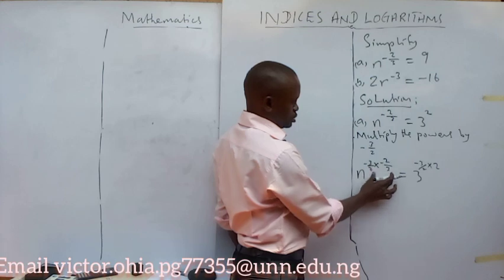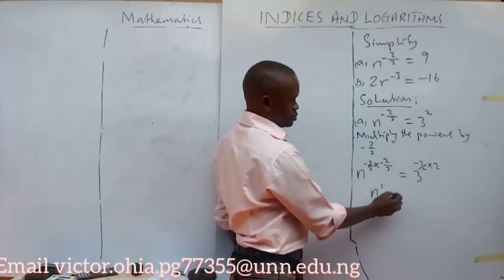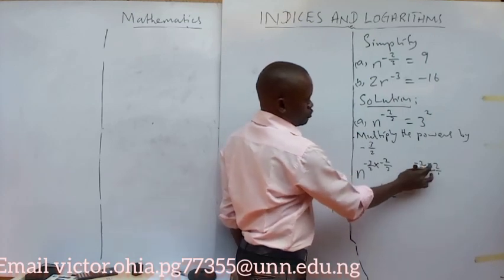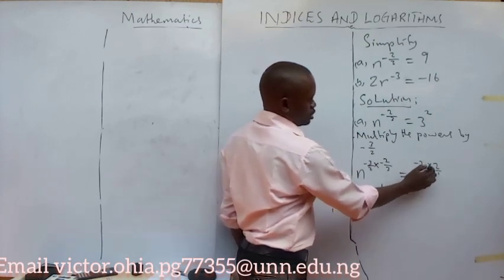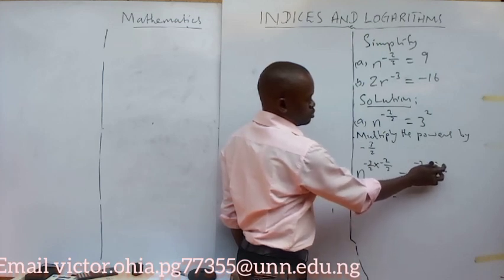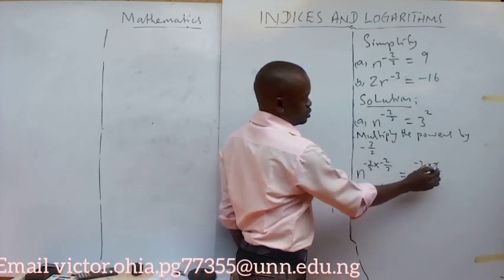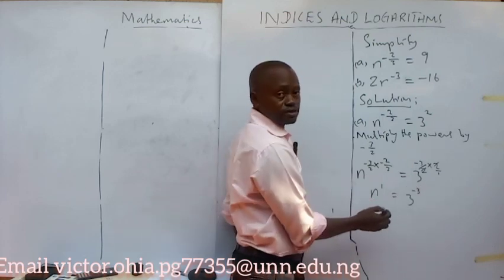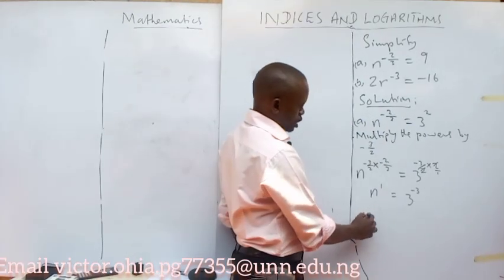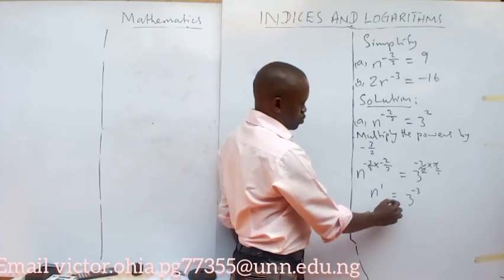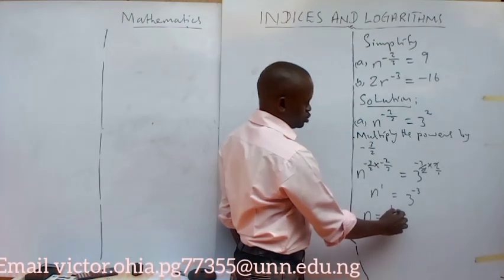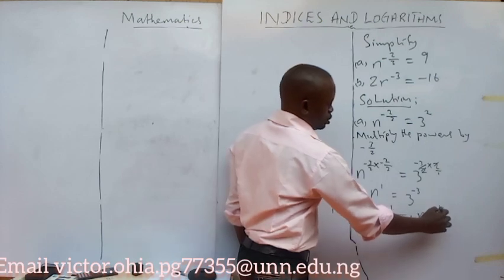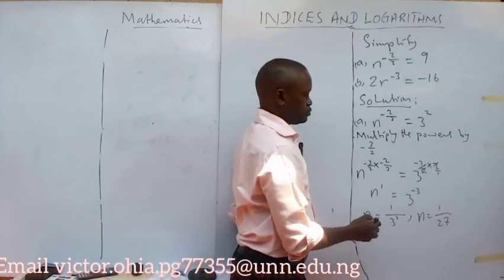So this is now n raised to power 1 equals, minus 3 over 2 multiplying 2 over 1, which takes away the 2, and we have 3 raised to power minus 3 left. So n is now equal to 1 over 3 raised to power 3. That means n is equal to 1 over 27.